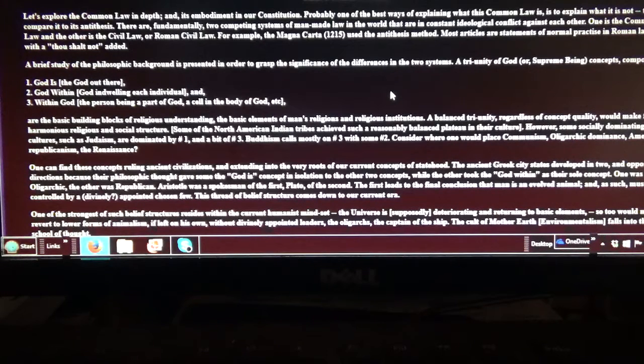God is, the God out there; 2. God within, God indwelling each individual; and 3. within God, the person being a part of God, a cell in the body of God, etc. These are the basic building blocks of religious understanding, the basic elements of man's religions and religious institutions. A balanced triunity, regardless of concept quality, would make for a harmonious religious and social structure.